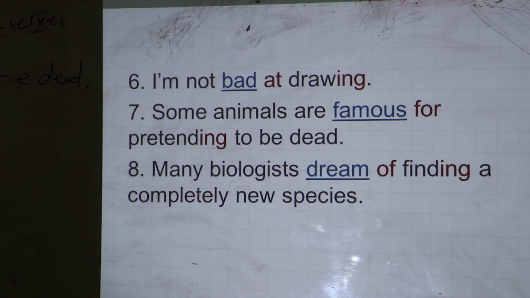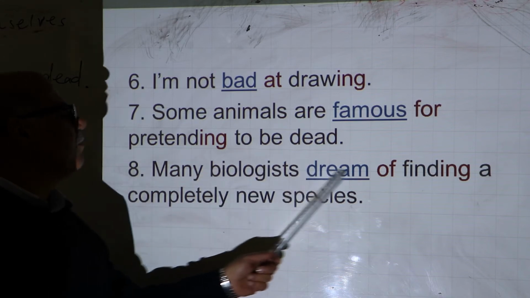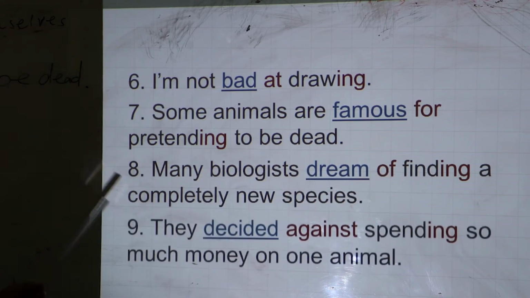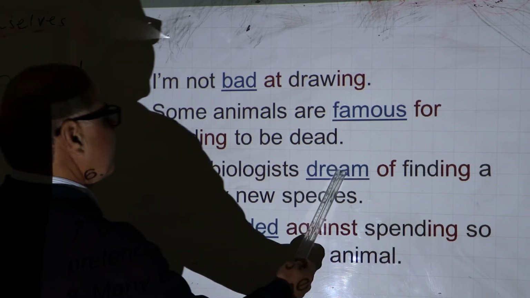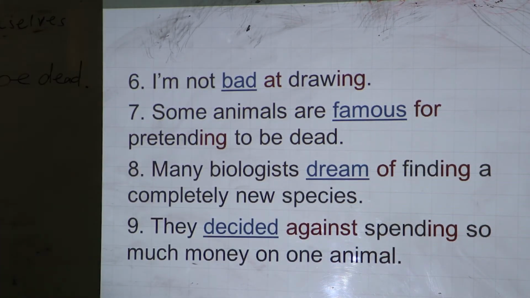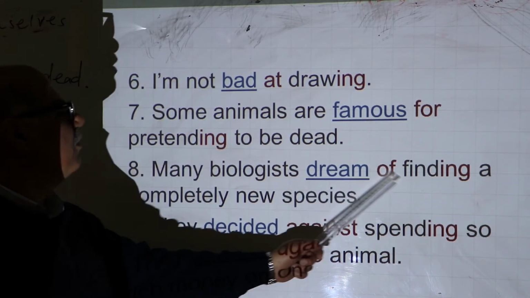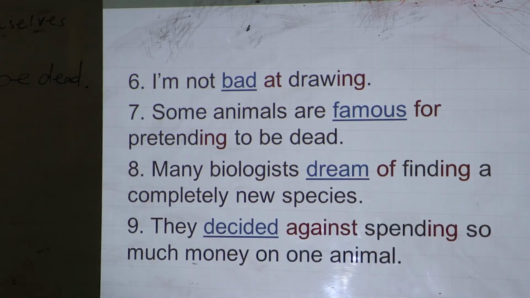Number eight, many biologists dream of finding a completely new species. Look at number eight, the verb dream. Here it is a verb, it is followed by a preposition of and an ing form.